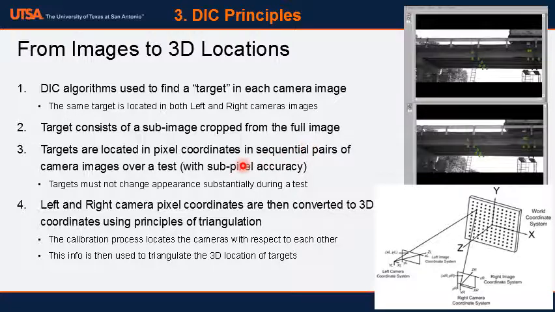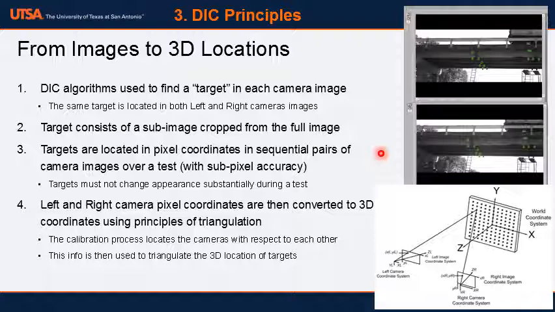Now it's important for the system to work that the target shape and the look of it don't change over your test. What the system is doing, in each subsequent image, is trying to find that exact same target. The one that it cropped out, that sub-image, it tries to find in all of the subsequent images of the test, and then it finds how it moves around within the image.